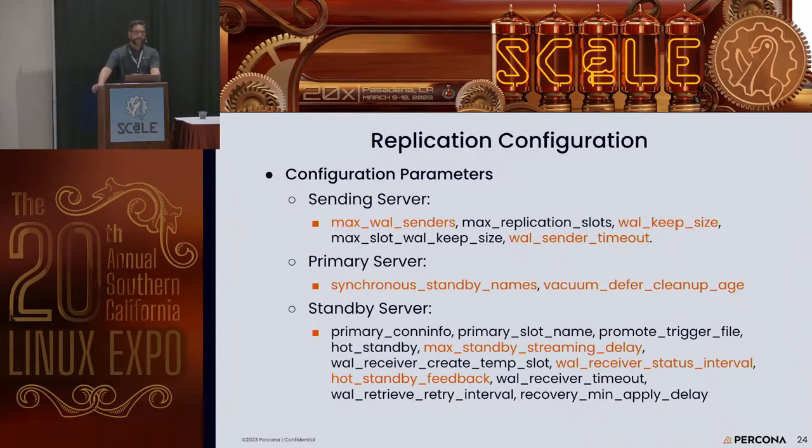So you can say, for example, 3 out of 5 standbys, or any of these standbys, and the sequence of the listing of names becomes the priority order.